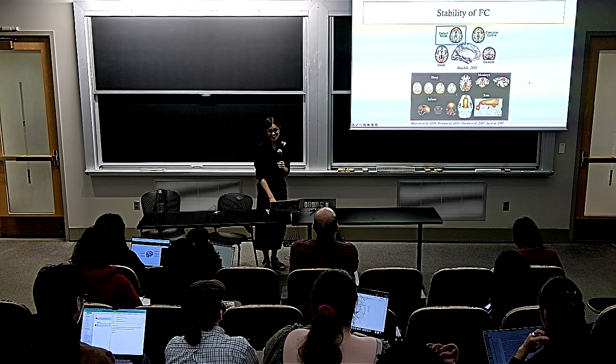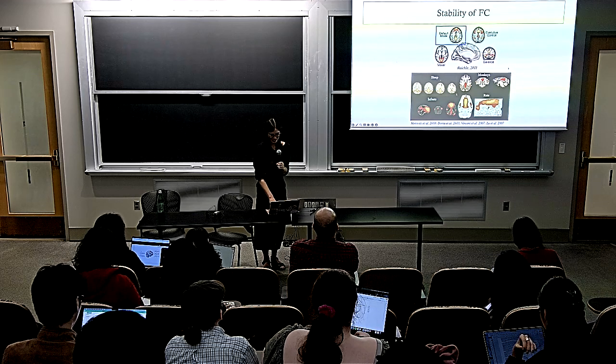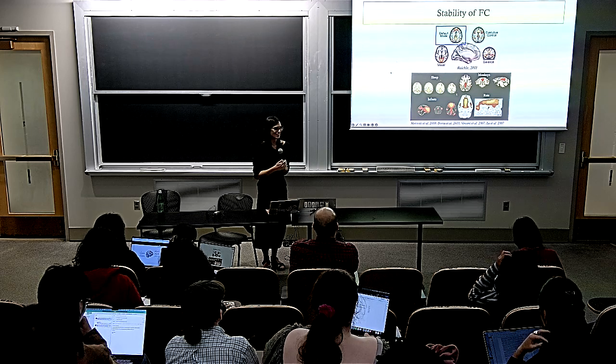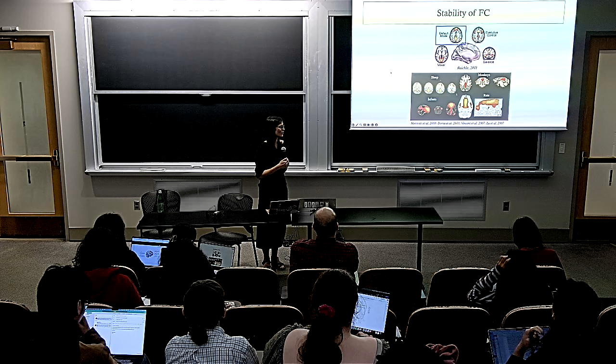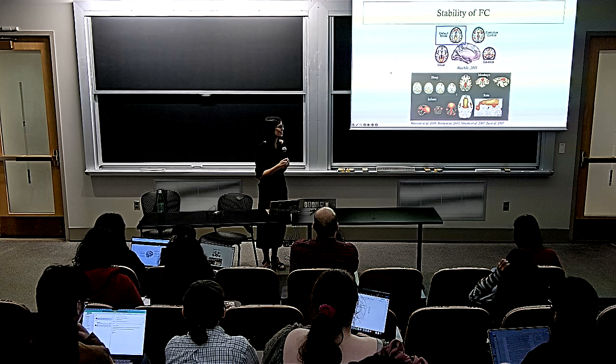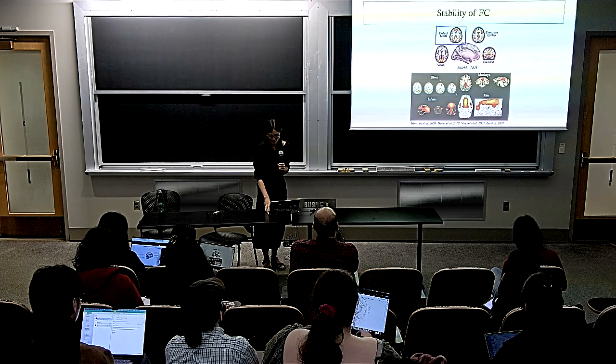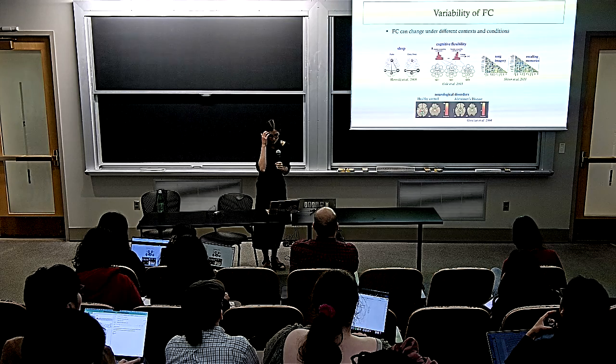You can find it in other species. You can find it in infants as well. So there's so much interest in studying these networks because it seems to be some hallmark of brain organization that we can consistently detect.